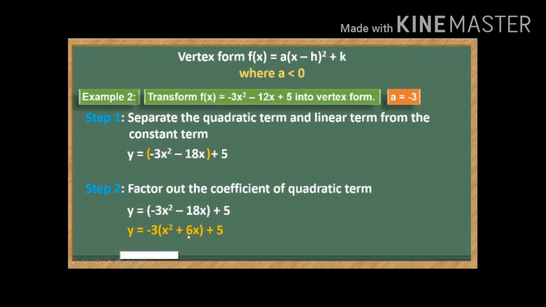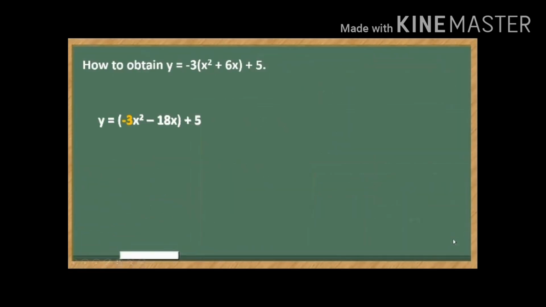5. Now, how did we factor out the negative 3 here? Let's show it in our additional discussion. This is our numerical coefficient for the quadratic term, and we use that to divide both the quadratic term and the linear term. So negative 3x squared divided by negative 3 becomes positive x squared.